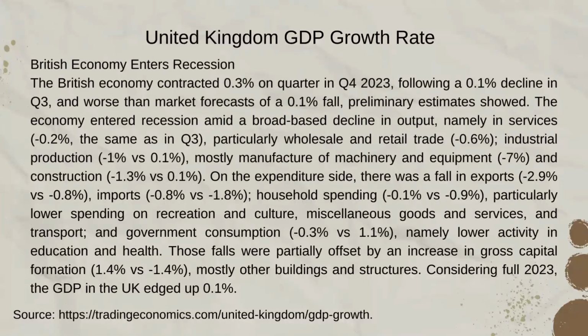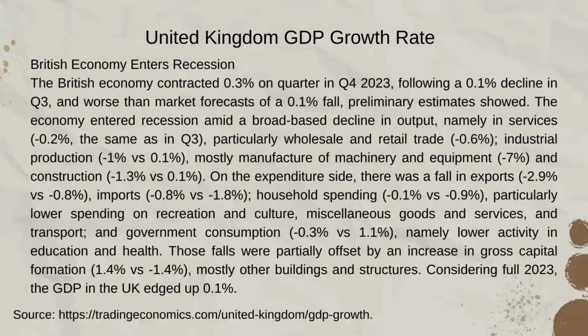On the expenditure side, there was a fall in exports, negative 2.9% versus negative 0.8%, and imports, negative 0.8% versus negative 1.8%. Household spending, negative 0.1% versus negative 0.9%, particularly lower spending on recreation and culture, miscellaneous goods and services, and transport.